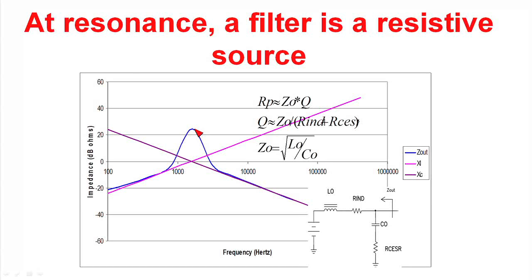Q is equal to the peak impedance divided by the characteristic impedance, and the characteristic impedance is simply the square root of L over C. Another way to look at that is when the value of the capacitive reactance is equal to the inductive reactance.